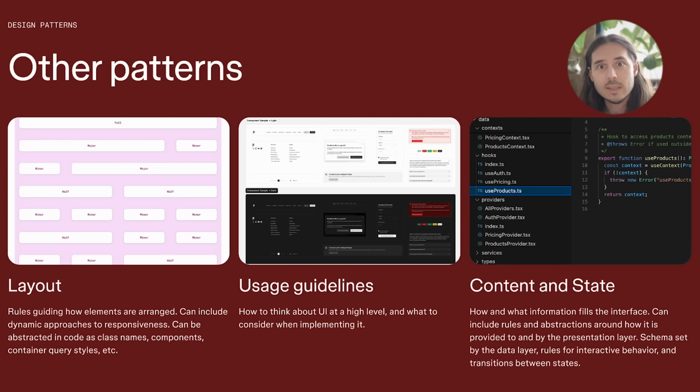There's all sorts of things there that you build patterns around. But then on the engineering side, we also talk about content and state and how we build patterns around the way things work and the way things are filled with data and the way we store data in the back end and how we refer to that data, the schema. And so it's important to be thinking about all of these things when we're talking about implementing something that has been designed inside of Figma.